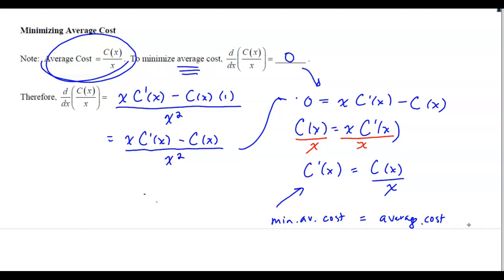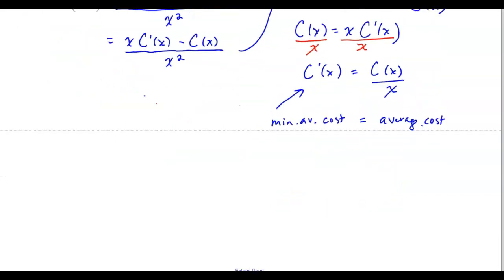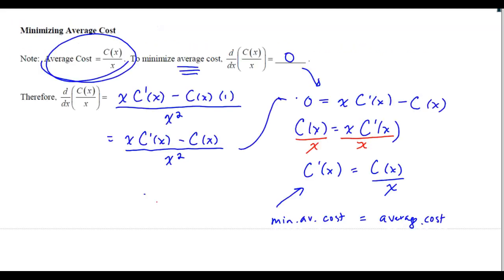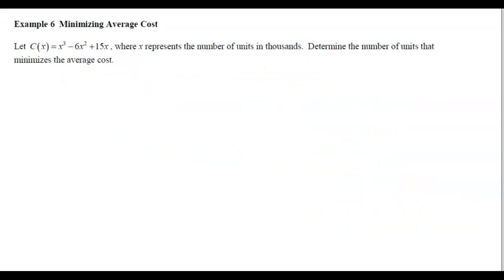Okay. So next page is exactly that. You're given the cost function, determine the number of units that minimizes the average cost. So if we look back here, minimizing the average cost means that it's the same as taking that cost function and dividing by x.